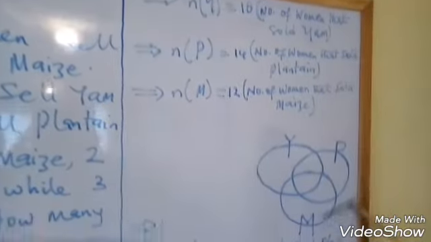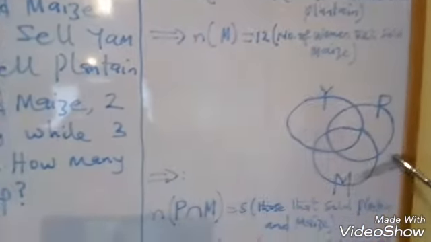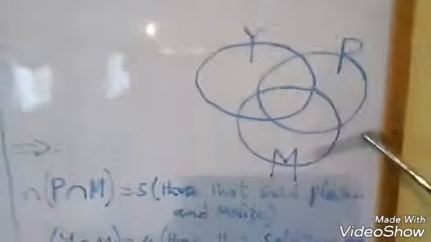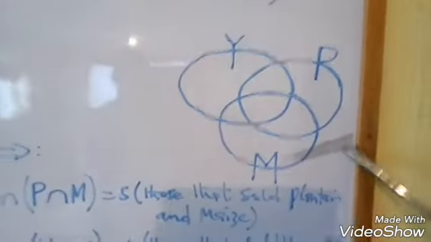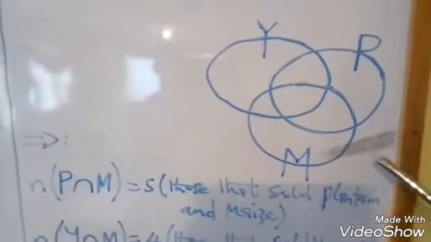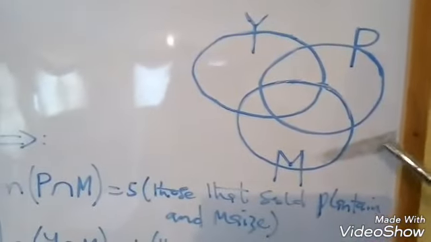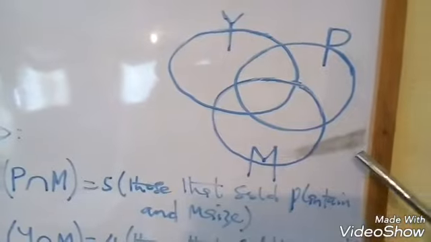Now you see the Venn diagram, we drew it without the rectangle, meaning that there is no need for drawing a rectangle because Y union P union M is equal to n of U.